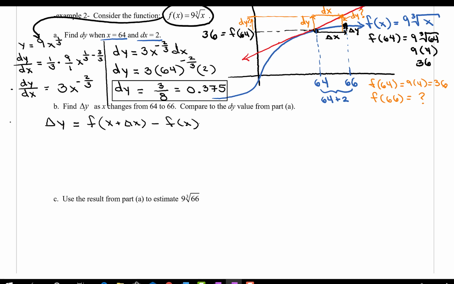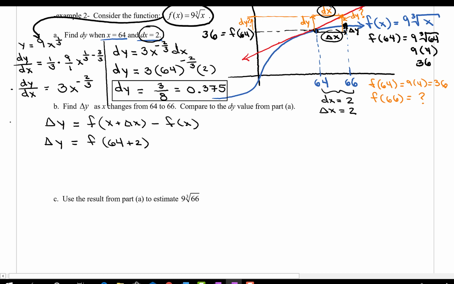Do you guys remember we wrote that earlier, right? So I'm going to write down a 2 for delta x. They told us dx, this distance between 64 and 66, this is dx, and that's equal to 2. And dx is exactly equal to delta x. So we can substitute 2 for delta x.